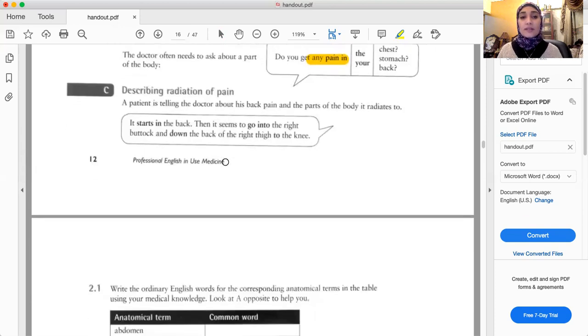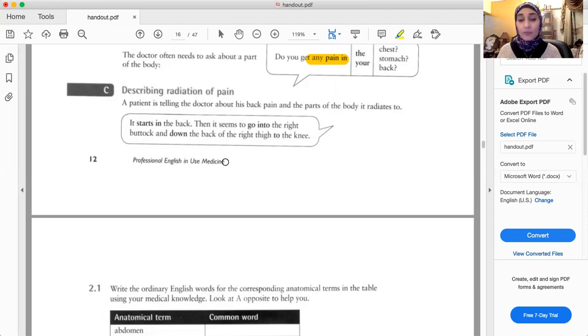Number C, describing radiation of pain. What is the meaning of radiation of pain? Radiating pain is pain that travels from one body part into another body part. When, for example, you have pain in your neck and this pain goes into, for example, the back.